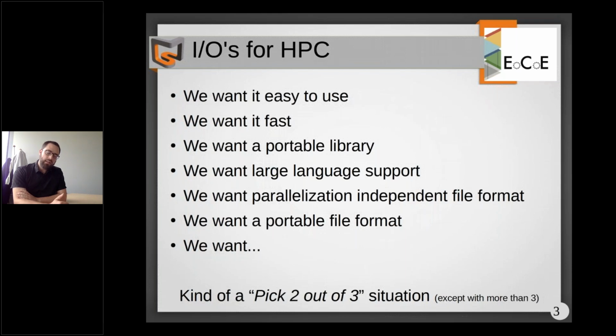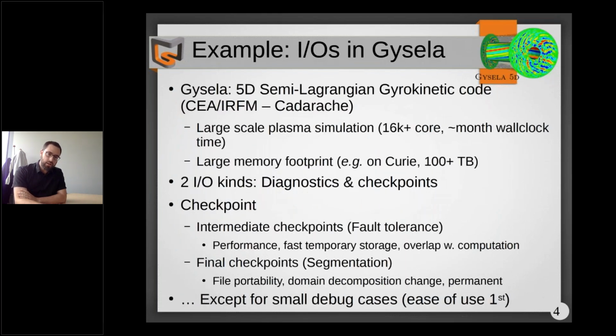But when we look at this list and when we look at the I/O libraries, what we really have is a kind of pick 2 out of 3 situation. So we cannot have all these features together. We have to make some choices. So which one to choose? To answer that question, I will take a look at one specific code. This code is Gysela 5D.